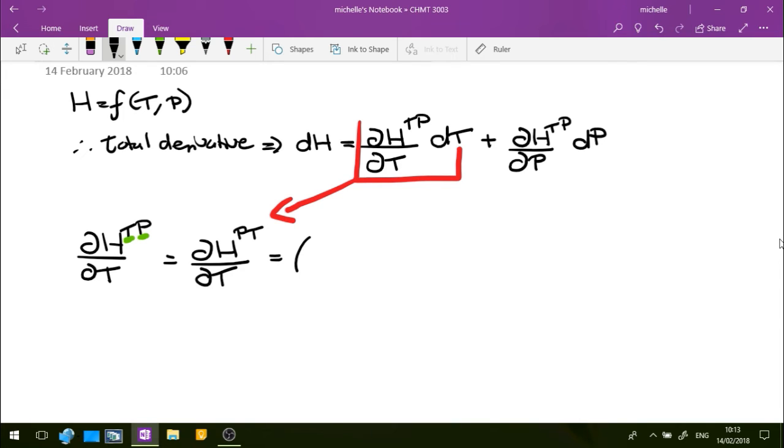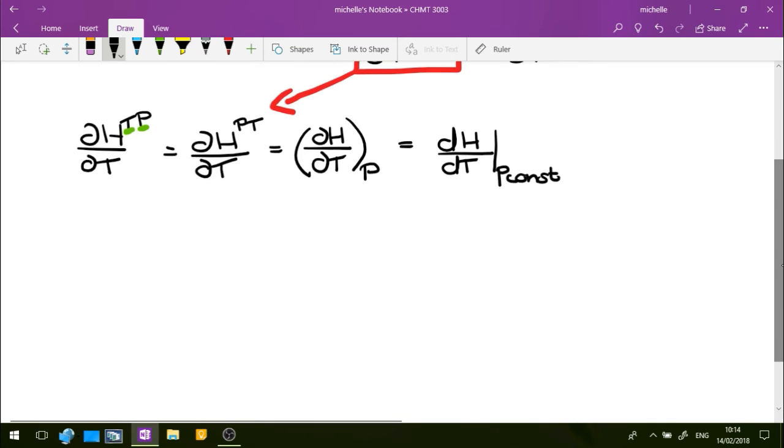It's also equal to the partial derivative of h with respect to the partial derivative of T, in brackets P. It's also equal to dh by dT, keeping P constant. In order to change from a differential into a partial, you keep P constant. That's just another way in which you could write this in terms of a partial.